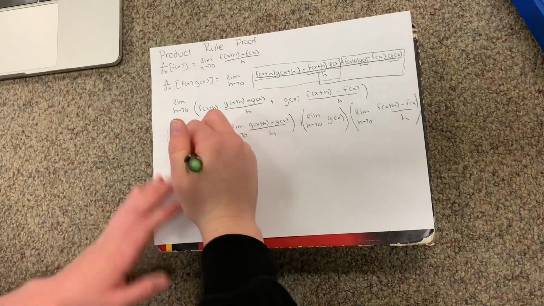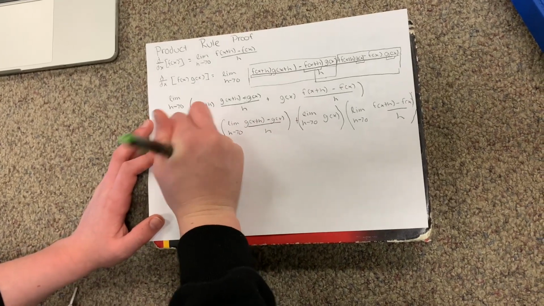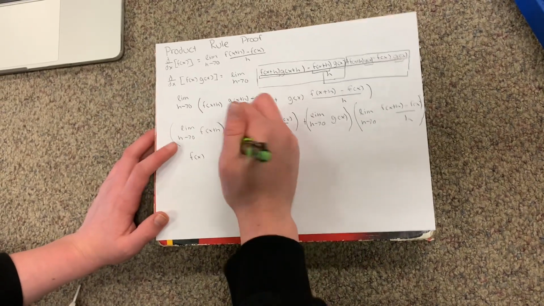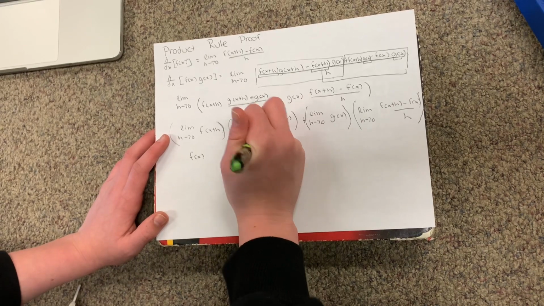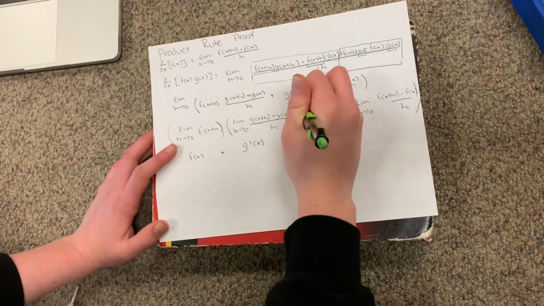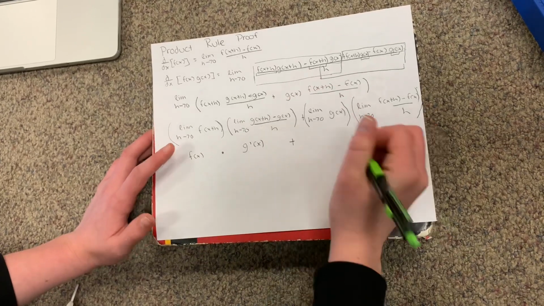And then this just comes out to be equal to f of x, and then this is the same thing as up here, which is just going to be equal to g prime of x, because that's just the definition of a derivative, and those are multiplied together. And then you carry the addition sign down.